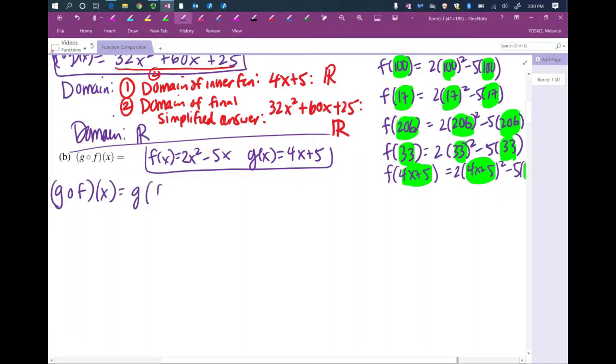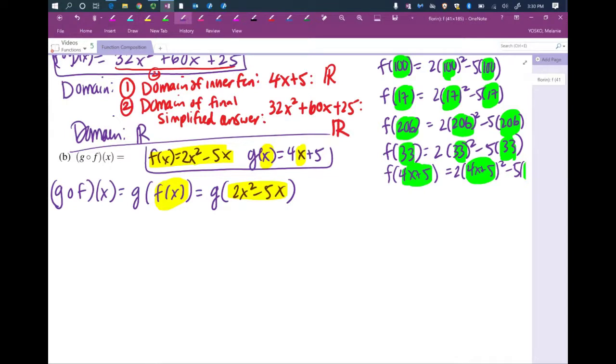This is g of f of x, which means I am now replacing everything inside of g, this x right here, with f of x. So instead of f of x, I'm going to write 2x squared minus 5x. All this stuff, right? That goes right here. So I've replaced this x right here with 2x squared minus 5x. So I'm also going to replace this x right here with that.